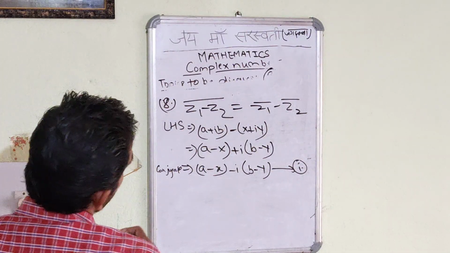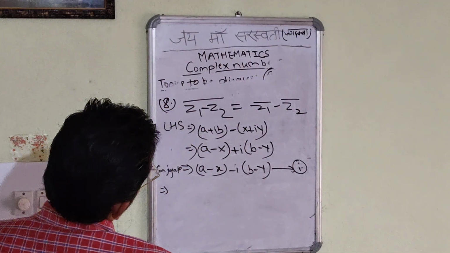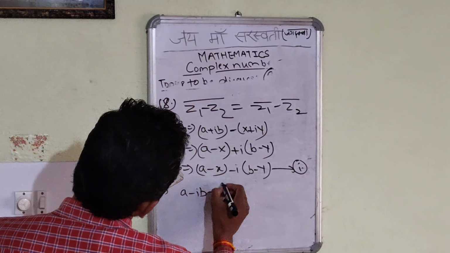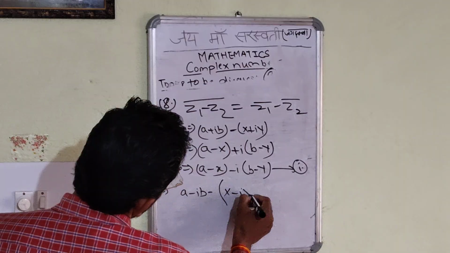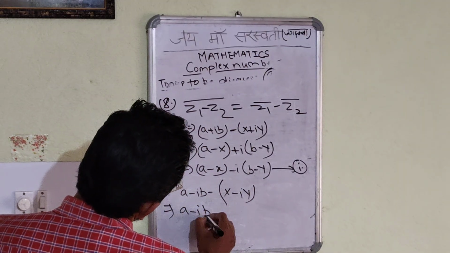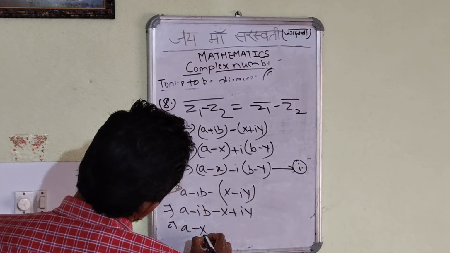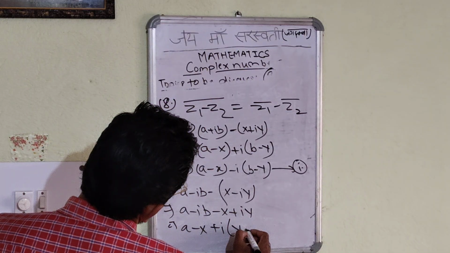Now coming to the RHS part. The conjugate of the first term, that is a plus ib, will be equal to a minus ib. Directly we are substituting. For the second part, z2 is x plus iy, and its conjugate is x minus iy. Now if we solve the expression, it will be a minus x plus i times y minus b.